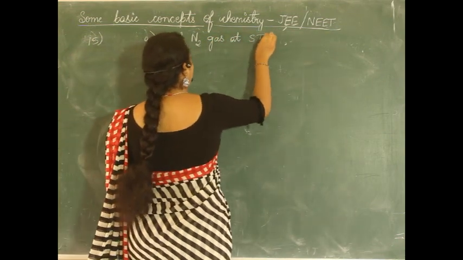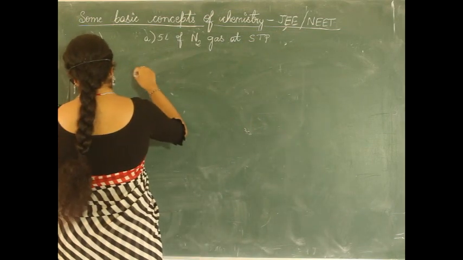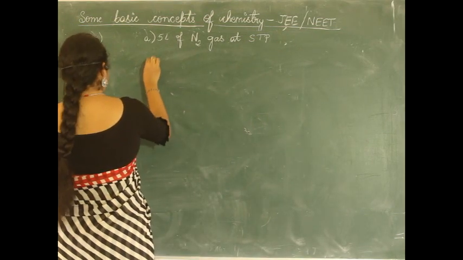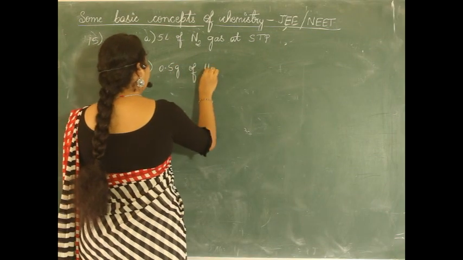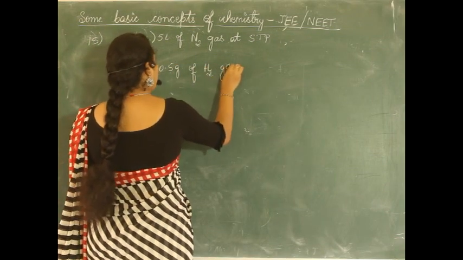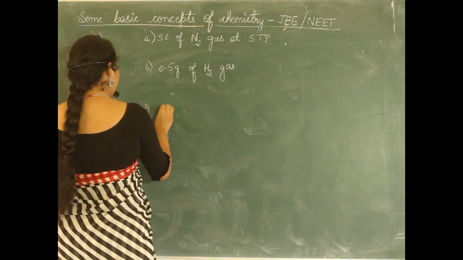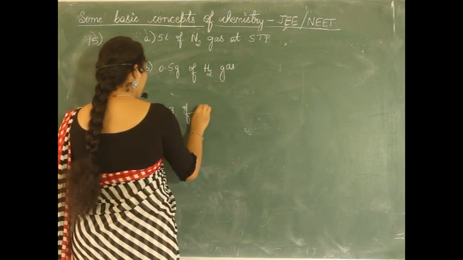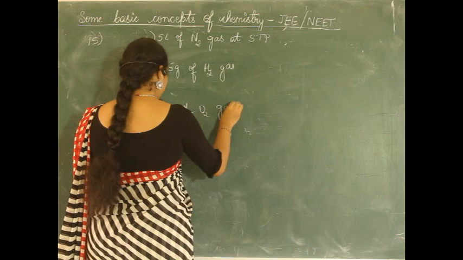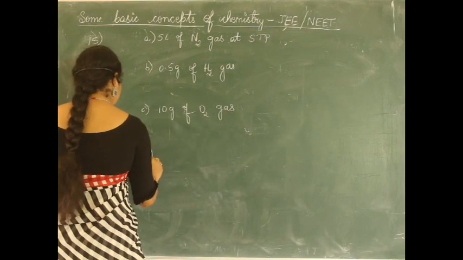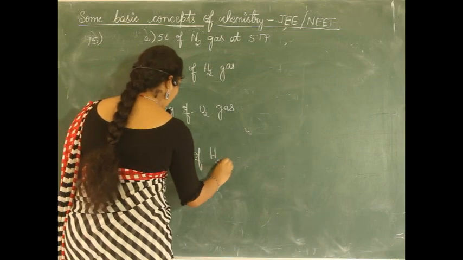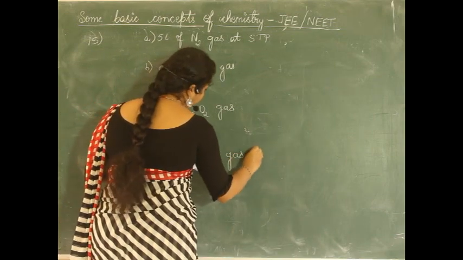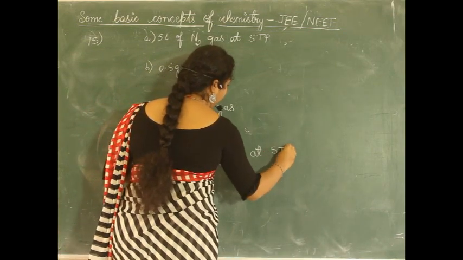You need to know the basic units and measurements with which it becomes very easy for you to know about these concepts. 0.5 gram of hydrogen gas, or whether it is 10 gram of oxygen gas, or D is 15 liters of hydrogen gas at standard temperature pressure.